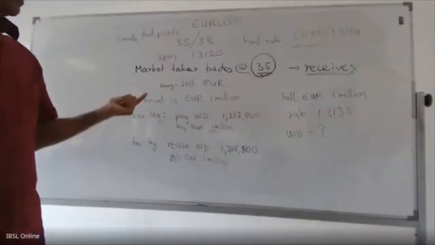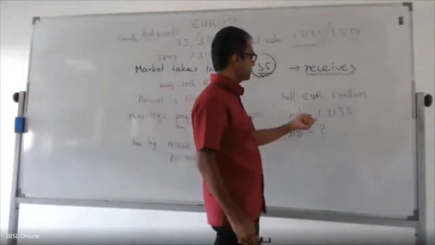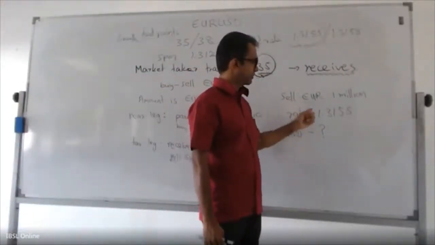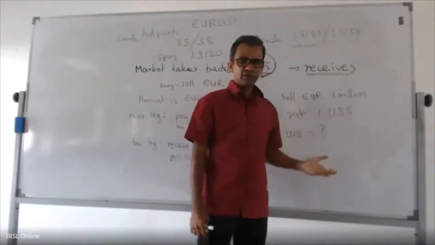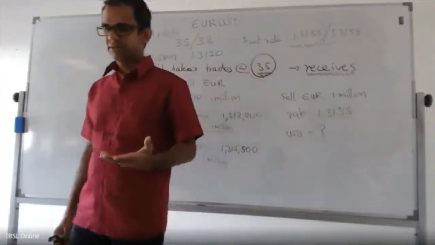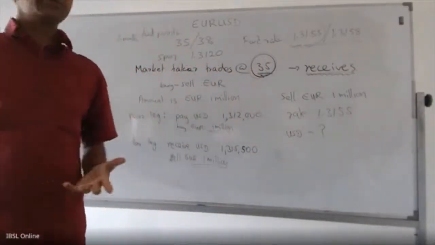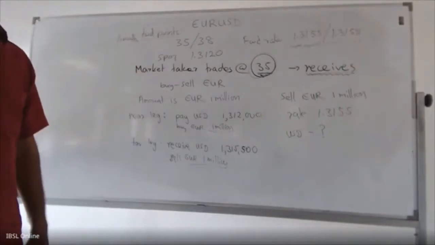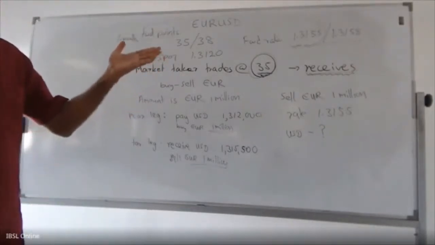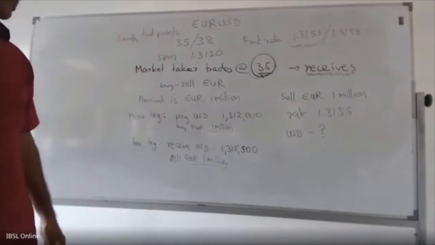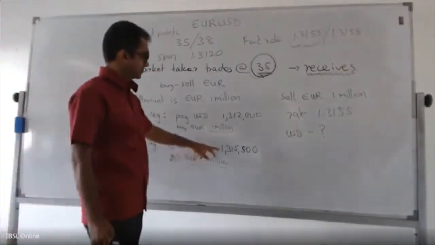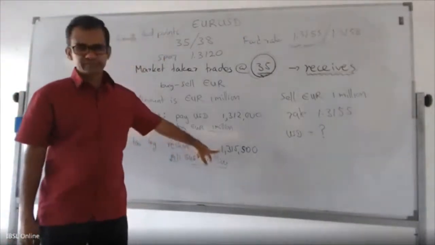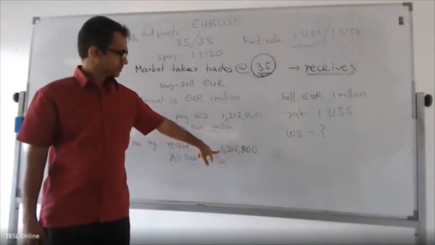Because what does it mean? 1.3155 means 1 euro equals 1.3155 dollars. Then 1 million euros equal 1.3155 into 1 million. So you will get this amount. Correct?